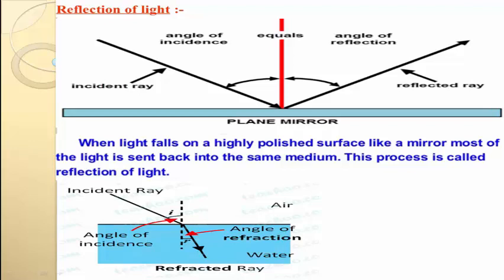When a ray of light travels from rarer to denser medium, it bends towards the normal. And when a ray of light travels from denser medium to rarer medium, it bends away from the normal. And we have laws related to the reflection of light and also for the refraction of light. These laws are discussed in your classes.